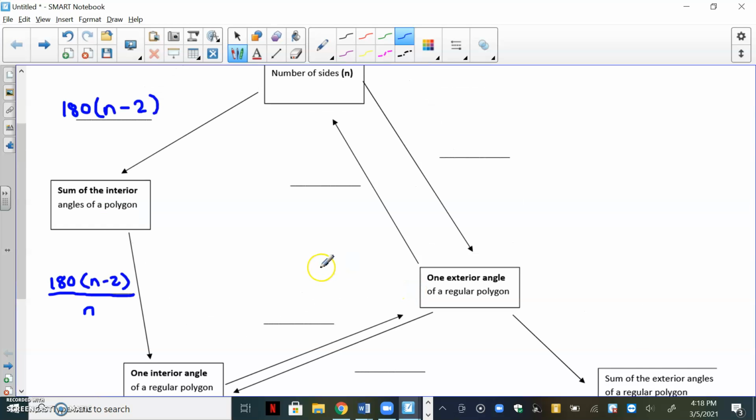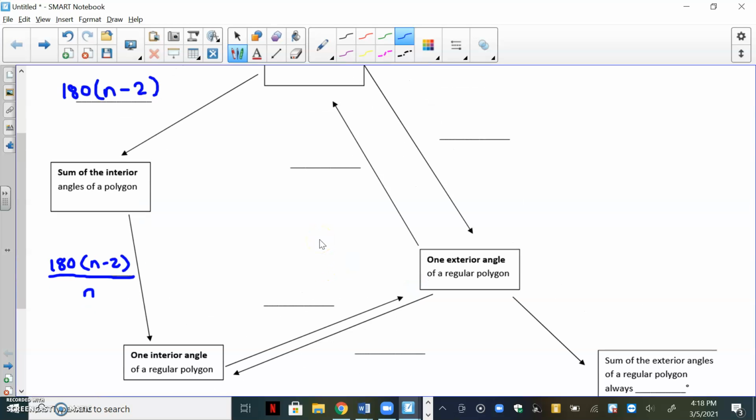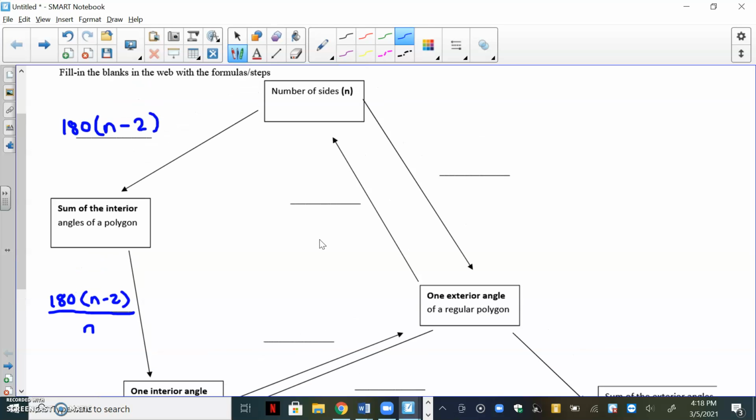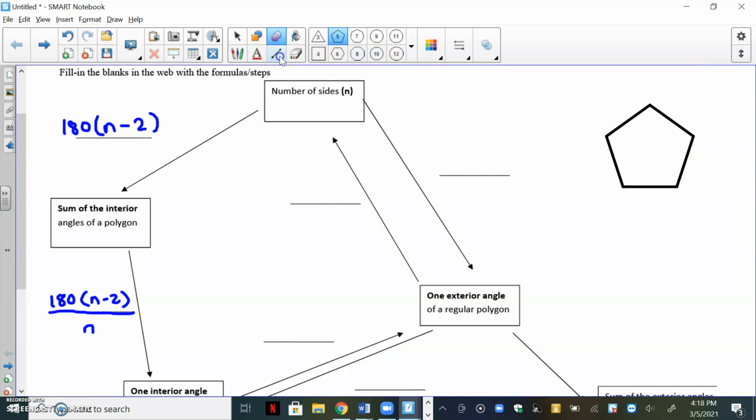There are a couple of important things to understand about exterior angles. First of all, it is the relationship they have with interior angles. So I'm going to draw a random polygon here, and I will draw some exterior angles as well. We get exterior angles just from extending some of the sides in one direction.